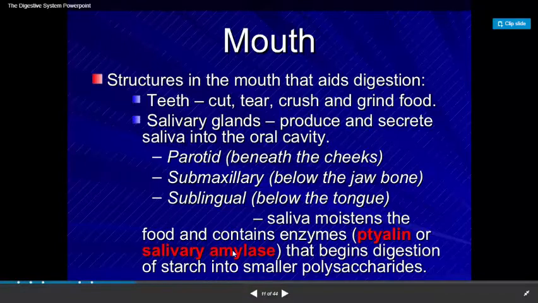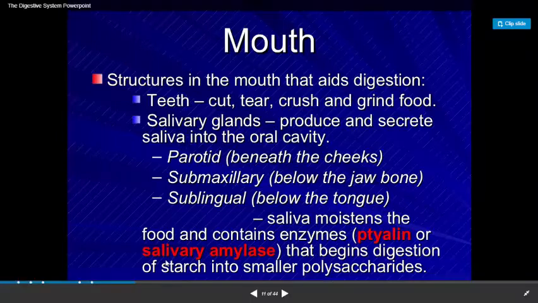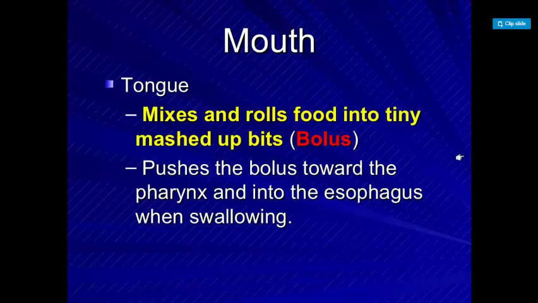Saliva also contains a very important enzyme that starts the digestion of starch. Starch is present in bread, for example. Whenever you're eating a piece of bread, even if it's not sugary, you start feeling a sugary taste in your mouth because the salivary amylase in your saliva is digesting the starch into a type of sugar.